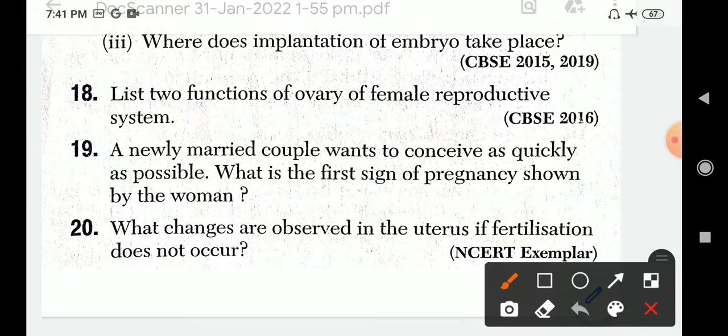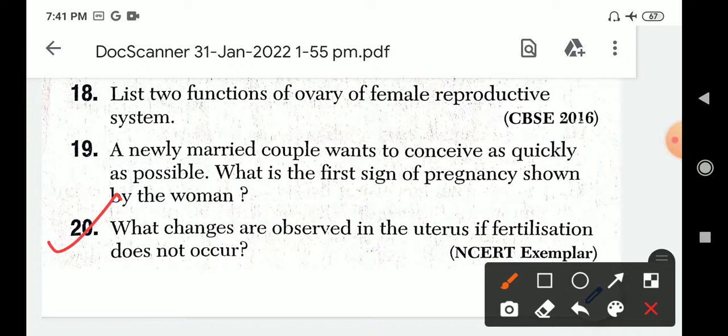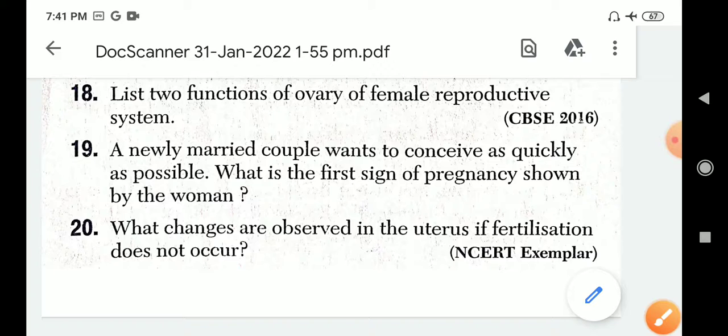Okay, now this will be the last question for today. What changes are observed in the uterus if fertilization does not occur? So if the egg is fertilized, then obviously the growth of that egg will take place. And if it is not fertilized, then what will happen?